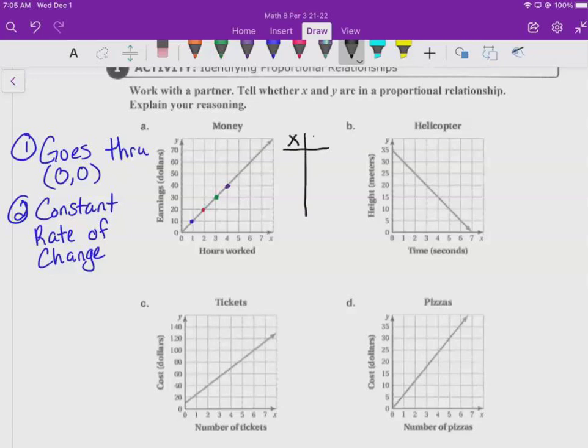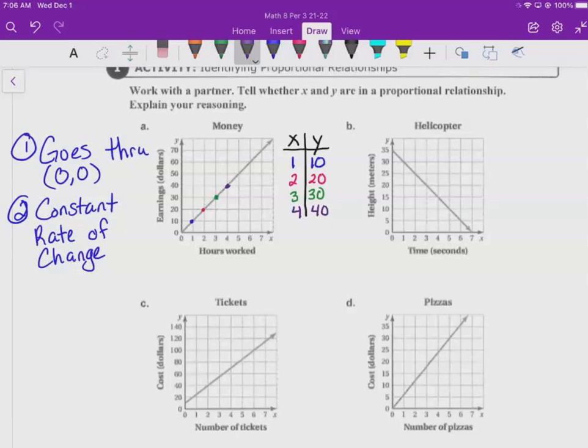And we have x and we have y. The coordinates of that blue dot are 1, 10. The pink dot are 2 and 20. The green dot are 3 and 30. And the purple dot are 4 and 40.